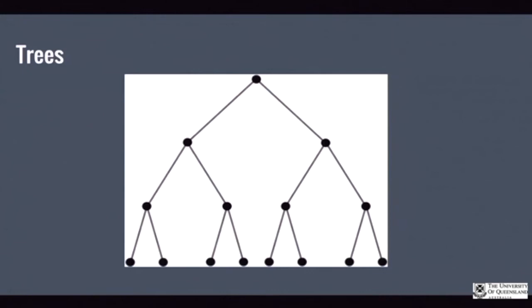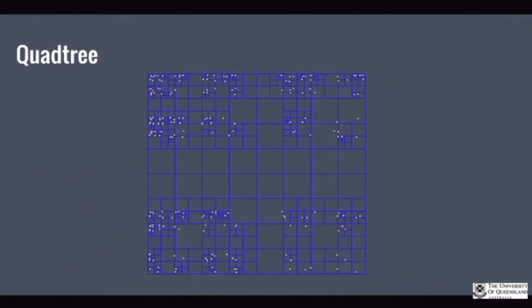So you'd use a binary tree, for example, if you want to store objects that have one value associated with them, and you want to find them really fast with an equals or less than sort. This is what you'd use for a geometric algorithm. This is a quadtree, and what it does is it takes a square, which is the square that your objects are in, and it starts inserting objects into that square.